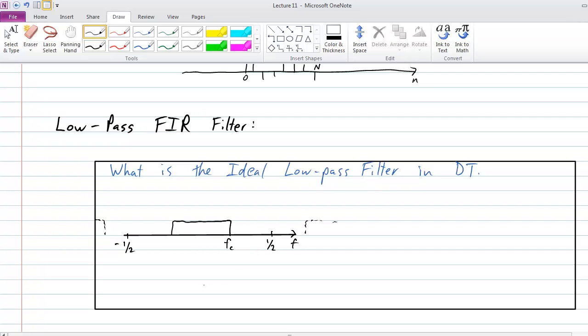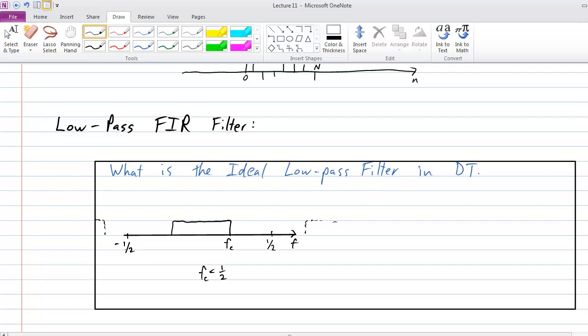So we have some cutoff frequency, FC less than a half. But you'll realize that when you do the integral for the inverse Fourier transform, discrete time, you only integrate from negative half to a half, so these don't affect the integral.